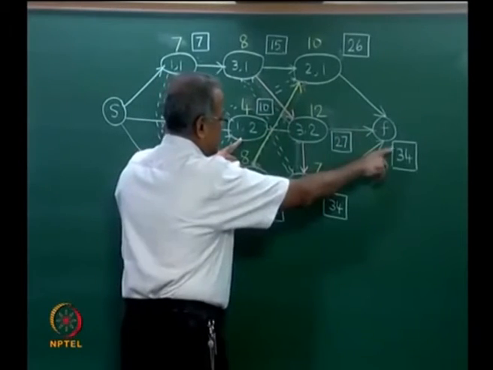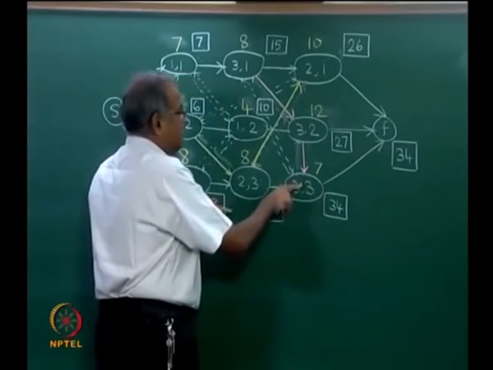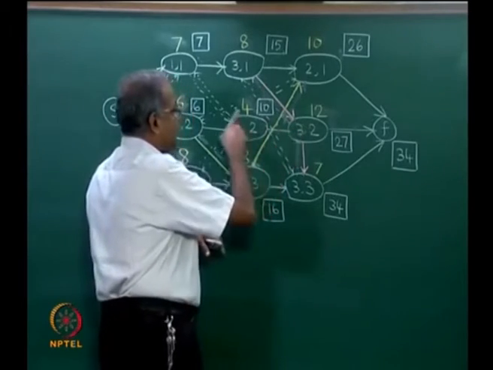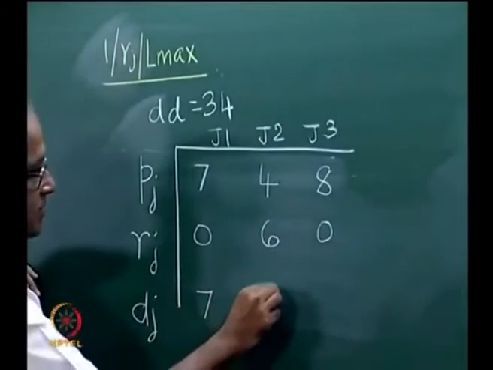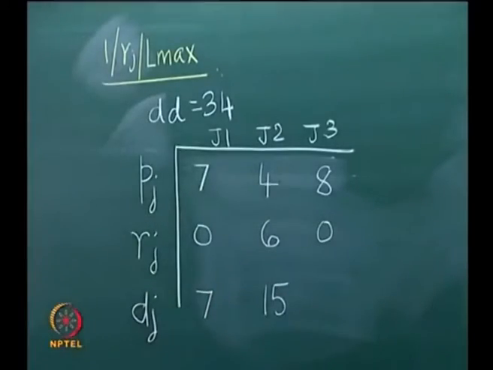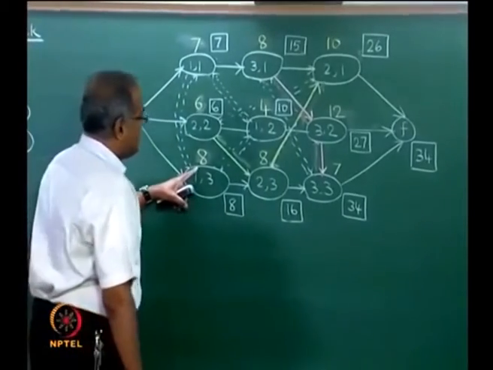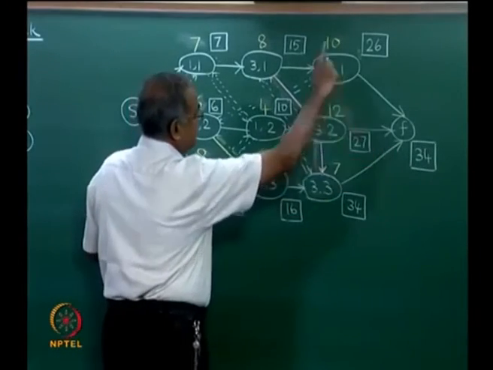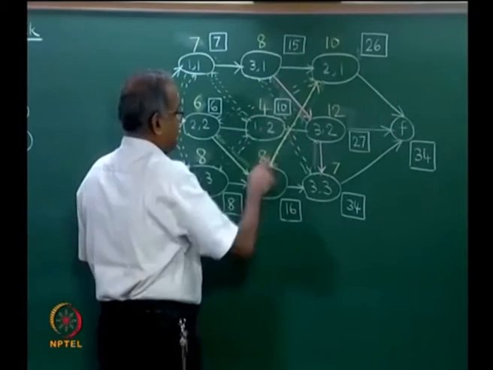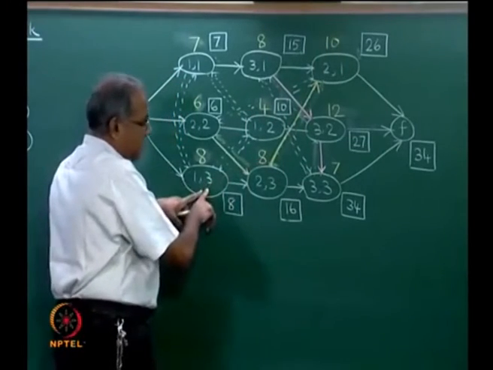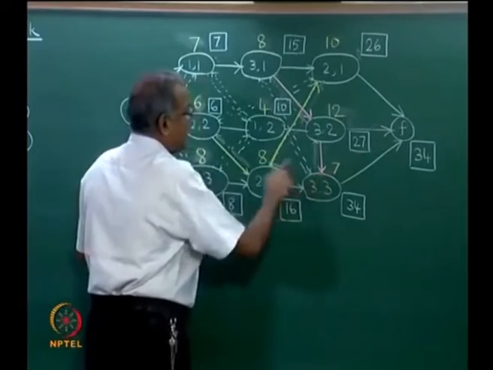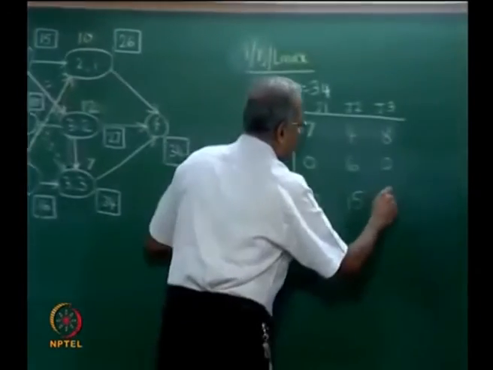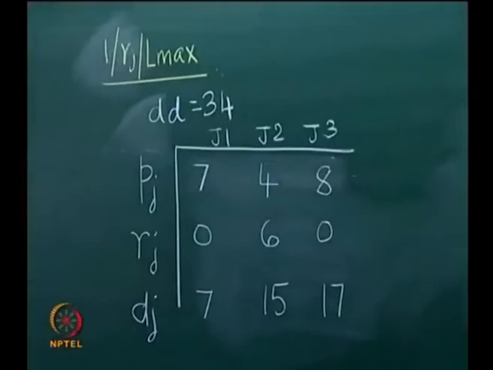So 34 minus 7 27, 27 minus 12 will be 15 for this to come. So due date will be 15, and for J3 which is here, 34 minus 10 plus 8 would give us 17.